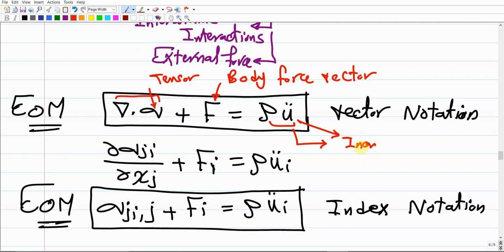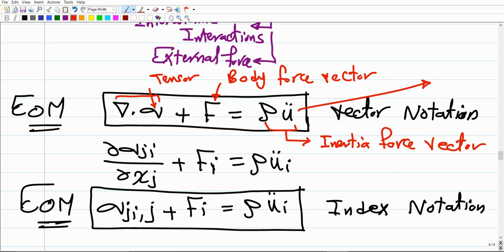This is the inertia force, and it should be a vector, because u double dot is the acceleration vector.